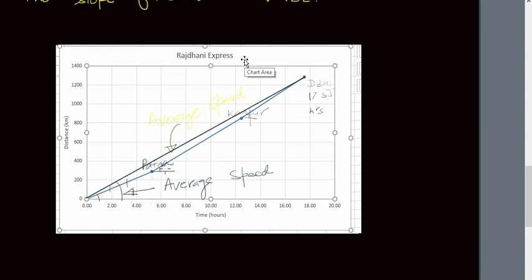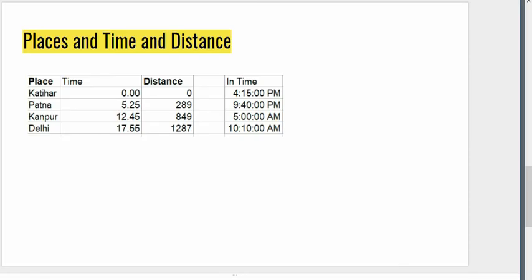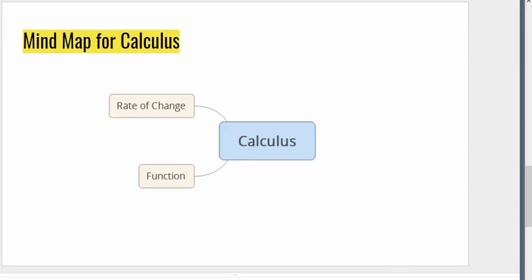All right. So going back to our mind map here, we looked at two things: function and rate of change.